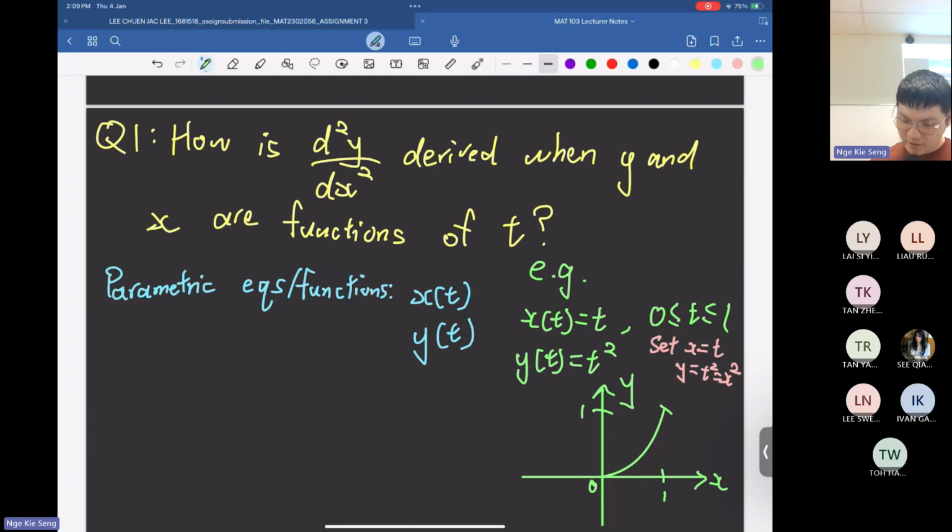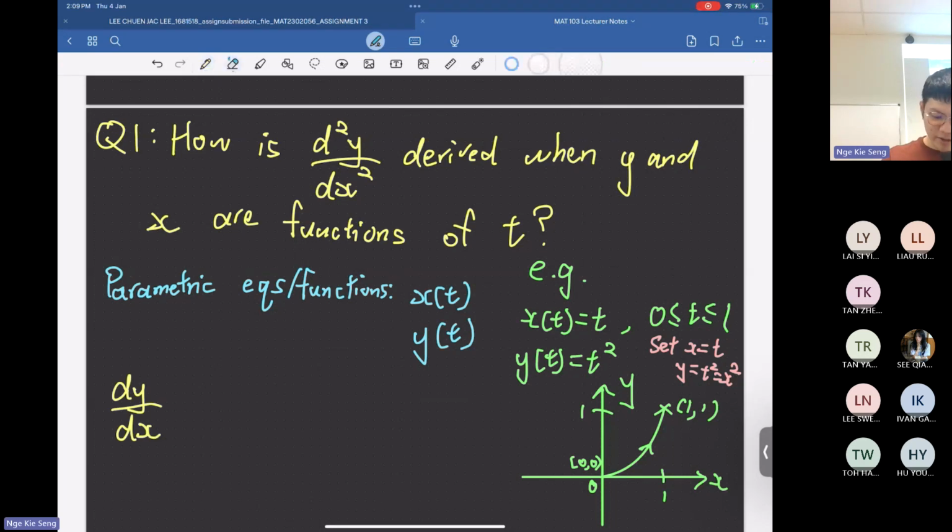Okay, stop at the point (1, 1), and the direction is going from (0, 0) to (1, 1). Okay, so this is a curve. So how to get dy/dx first?